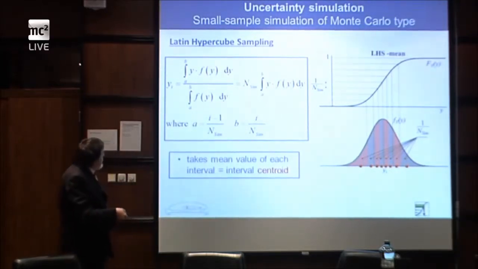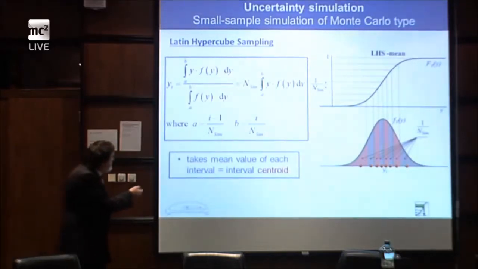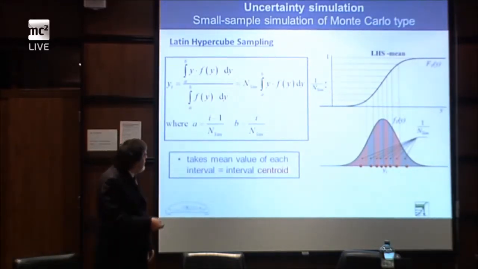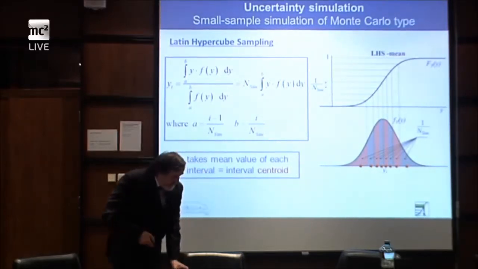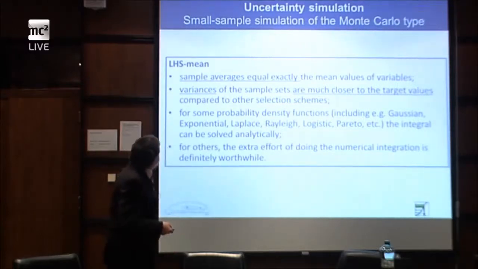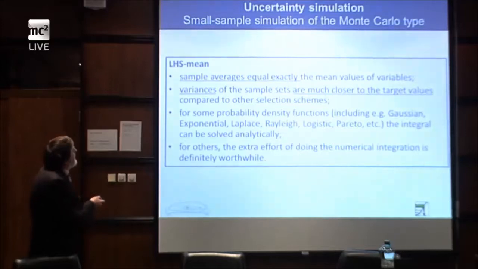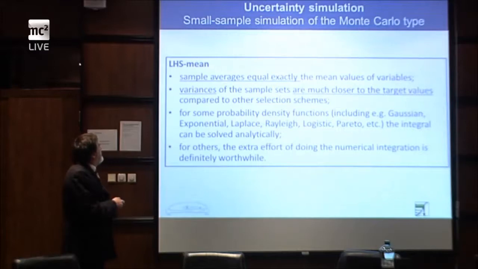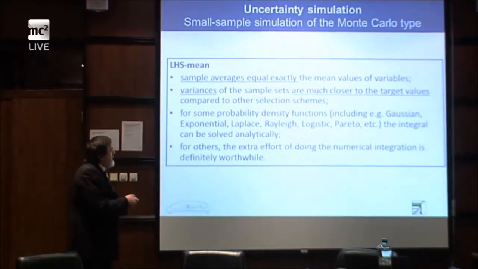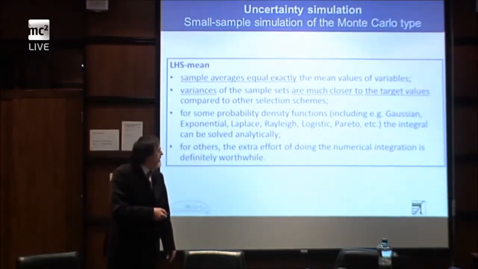So you can feel that if you produce realizations using the mean value of the interval, then from the definition, the mean value will be reproduced very, very well, almost precisely, right? This is the beauty, that sample averages equal exactly the mean values of variables, and it has been proven that variances, even higher statistical moments, are much closer to target values compared to other selection schemes.